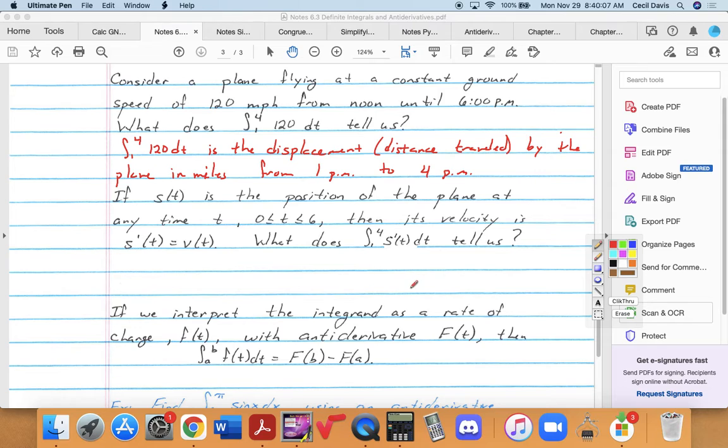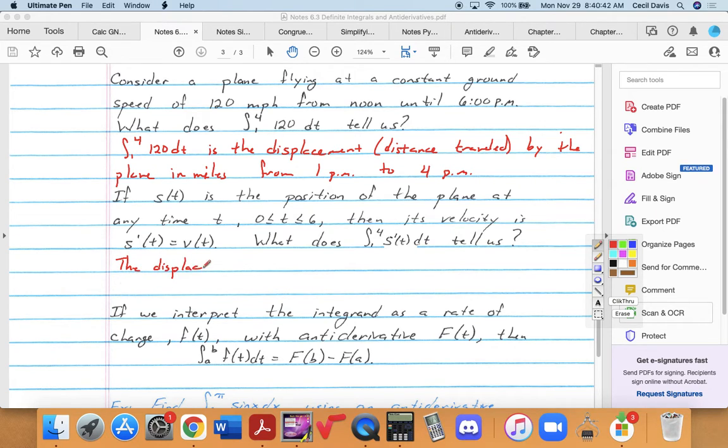The speed at which the aircraft was traveling in miles per hour. We're taking the integral of the velocity. Isn't that exactly what we did here? Yeah. So this would be the displacement of the plane.